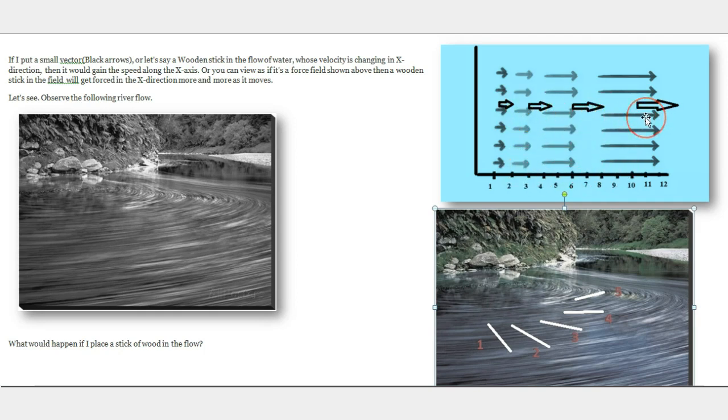The stick gets forced more and more as it moves. Now secondly, you observe this river flow, and notice what would happen if I place a stick in the flow here, or here, or here.